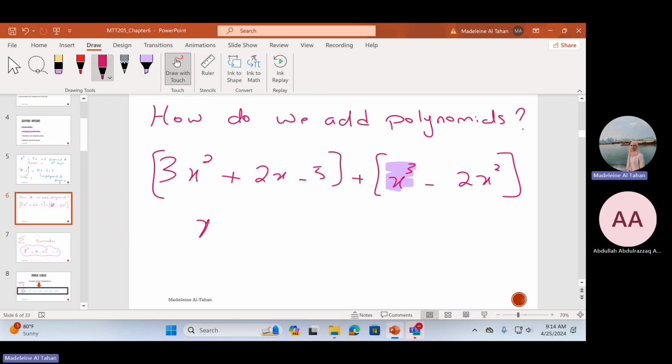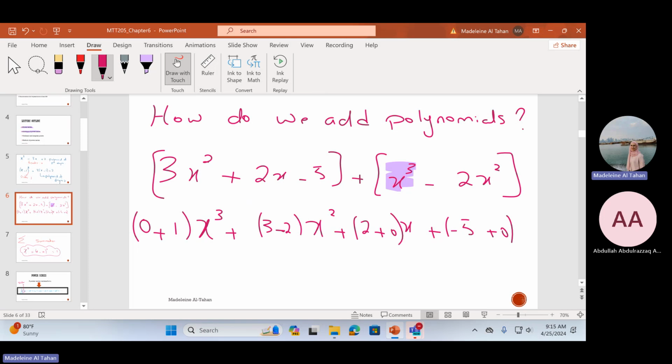So we will write x cubed here. Do we have an x cubed here? Plus 1. Then x squared: do we have an x squared here? 3. So we put 3. Then x: do we have an x here? And here? Okay, then the constant. Do we have a constant here? Here, do we have a constant?